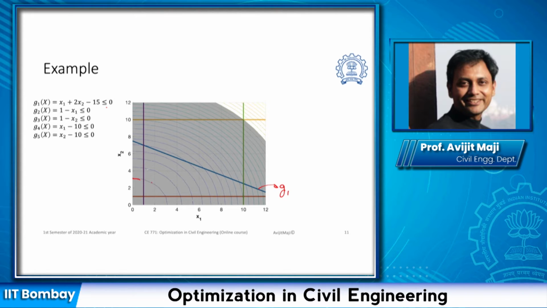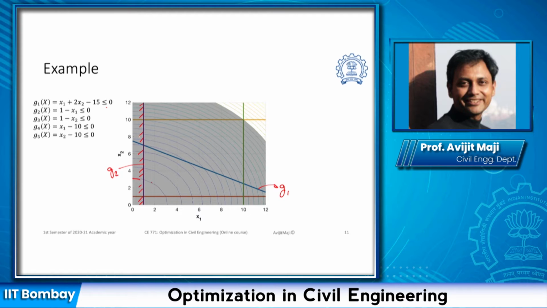My second constraint was where x1 was greater than or equal to 1, so this is my second constraint, g2. If we say greater than or equal to 1, this part is infeasible, meaning our values should be on the right hand side of this line. So I am crossing out the left hand side.